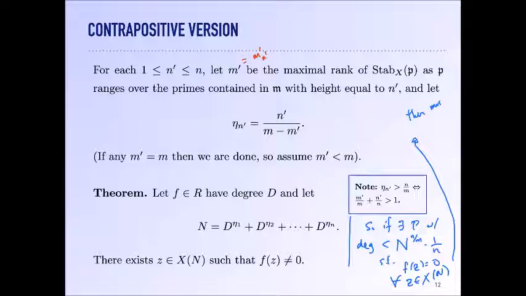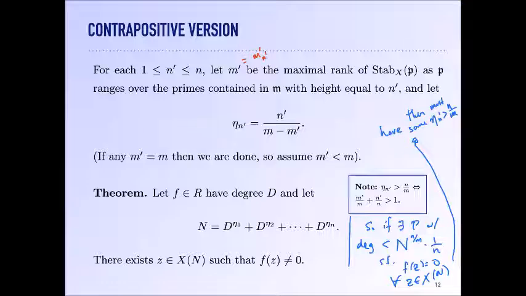We must have some eta n prime greater than n over m, right? Because if you didn't have that, if all the eta i's were less than or equal to n over m, then this polynomial would provide a contradiction to this theorem.